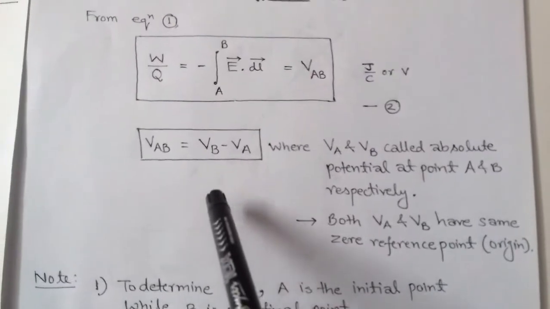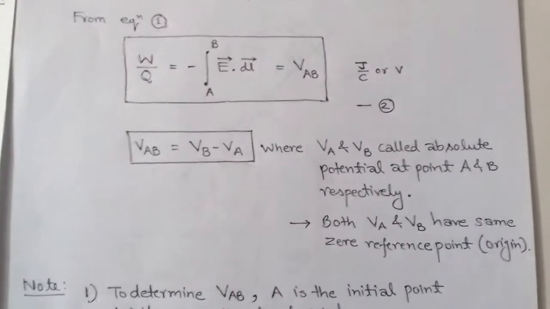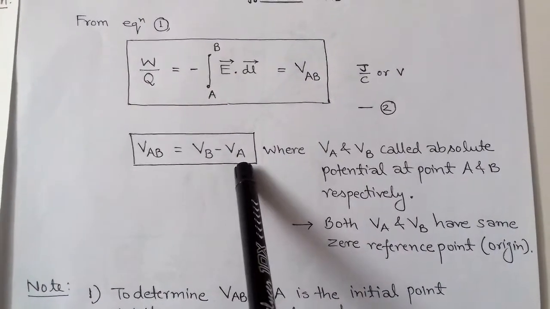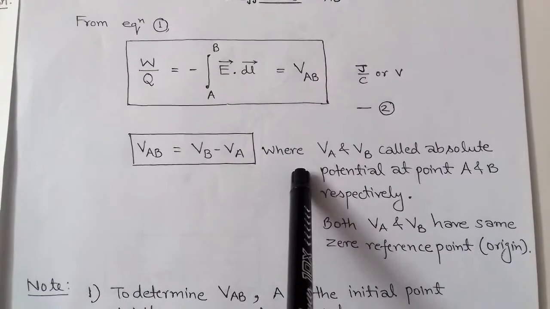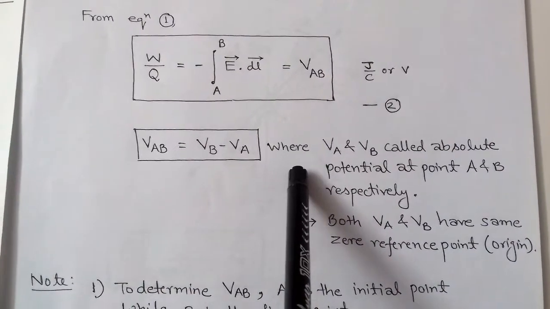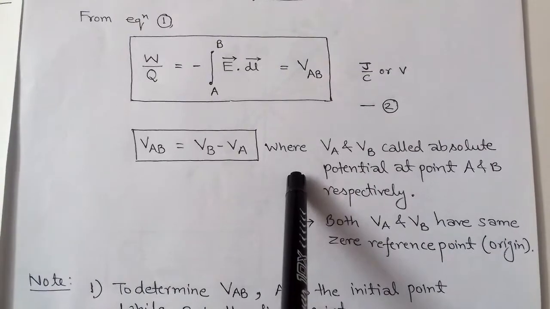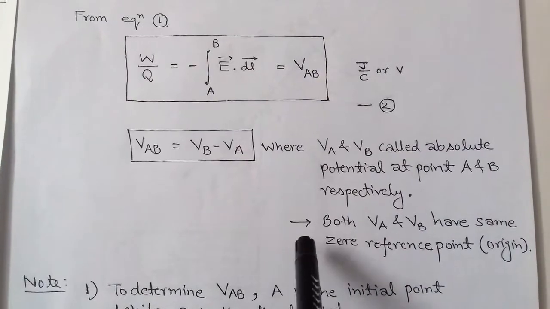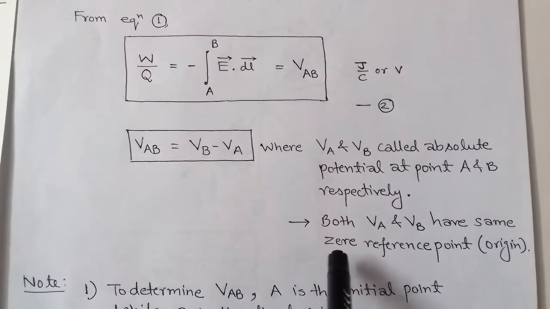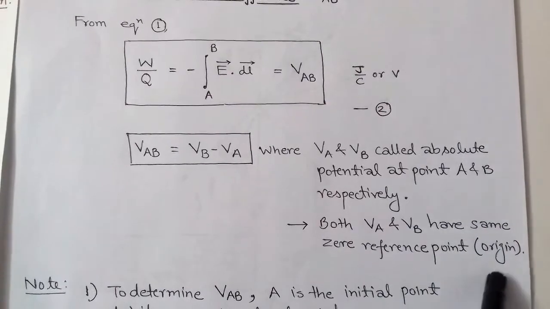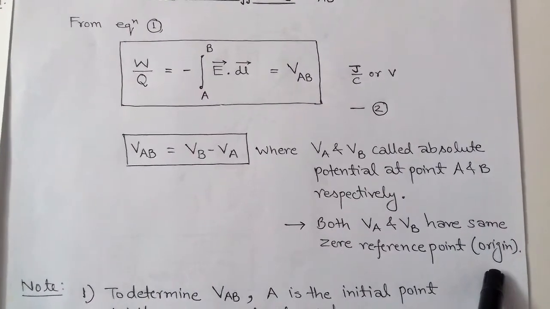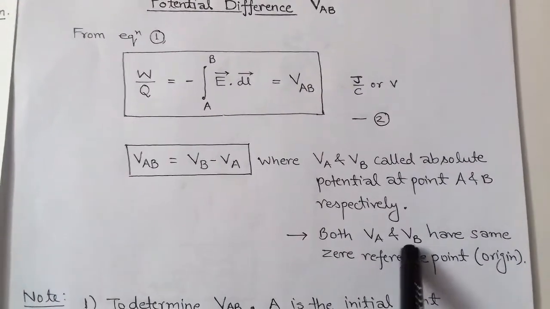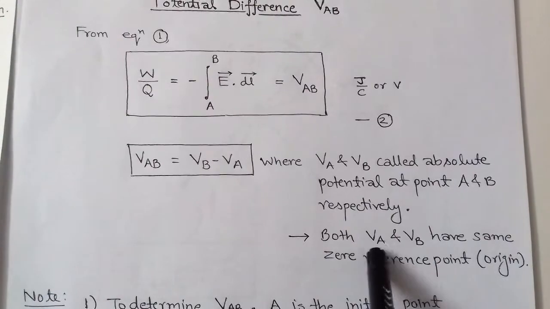Or the potential difference in a simple way can be written as VAB equals VB minus VA, where VA and VB are called the absolute potential at points A and B respectively. Both VA and VB have the same zero reference point, that is the origin. At point A the potential is VA and at point B the potential is VB.